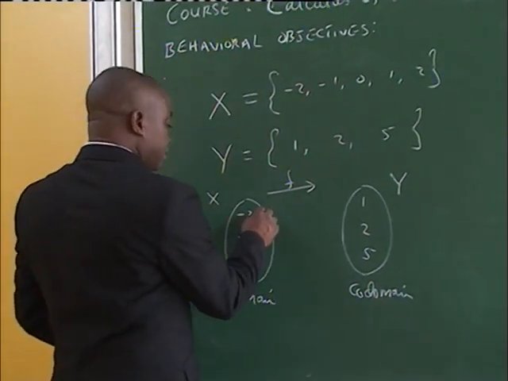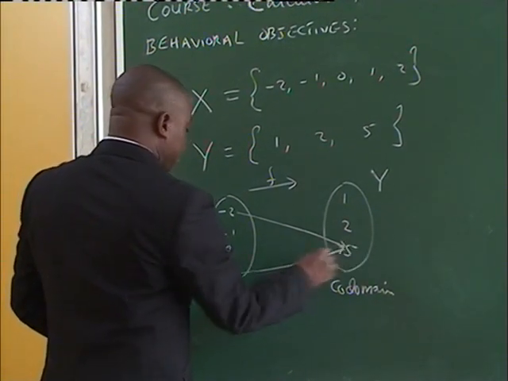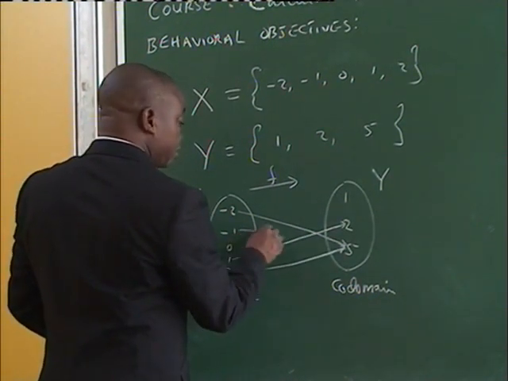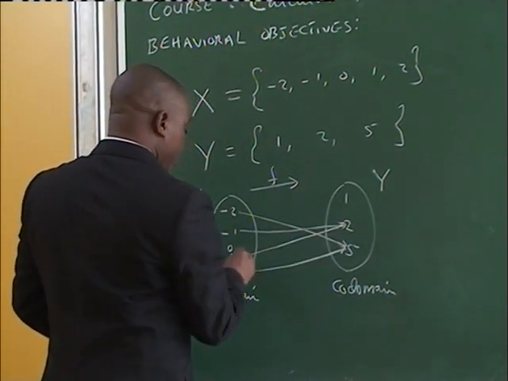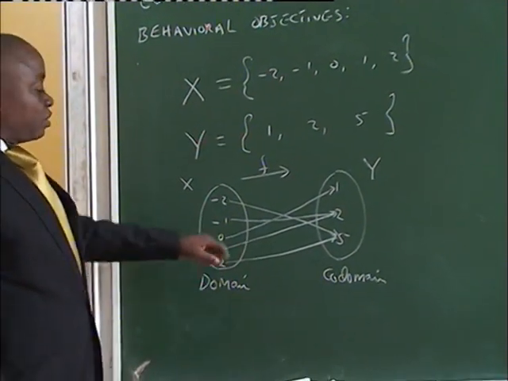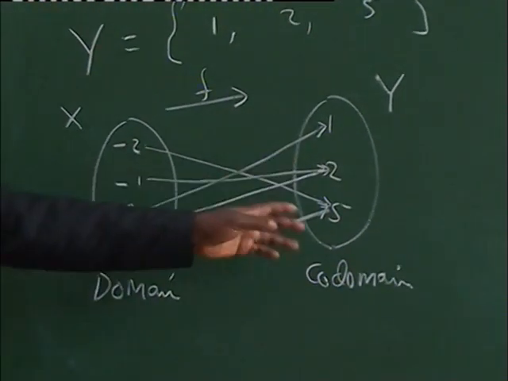Now this element is mapped to here. 2 is also mapped to here. 1 is mapped to 2, even minus 1 is mapped to 2, and then 0 is mapped to 1. Now, a question may arise: how is this one mapping to this?